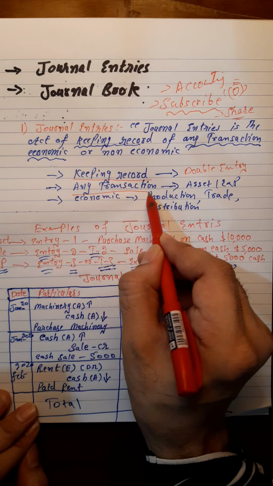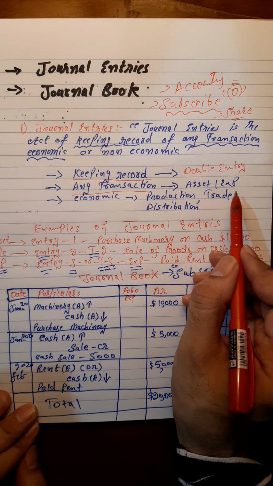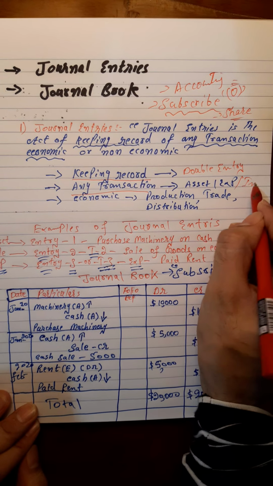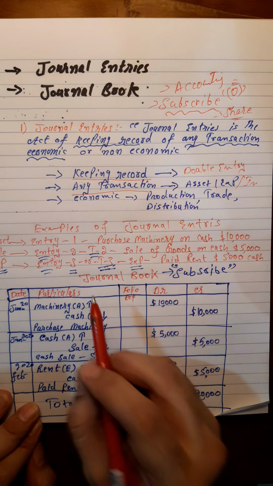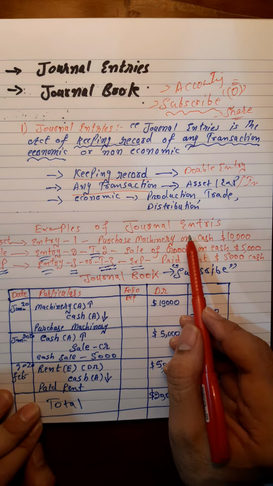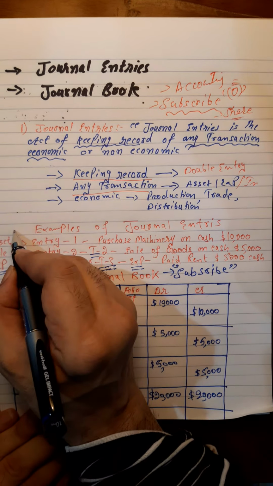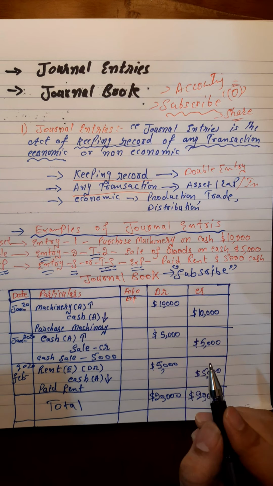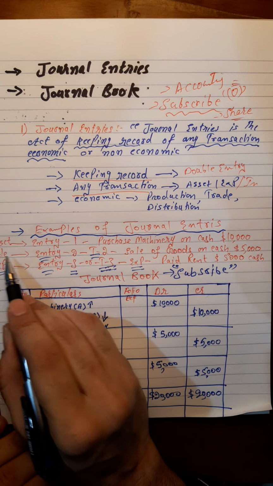Any transaction includes assets, expense, income, all. Economic relates to production. Example of journal entries: asset, sale, expense.